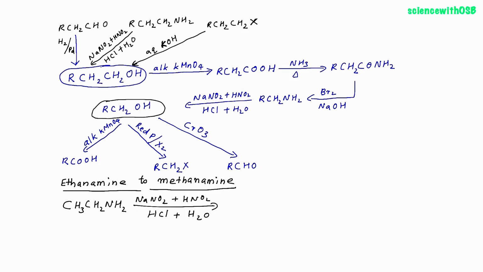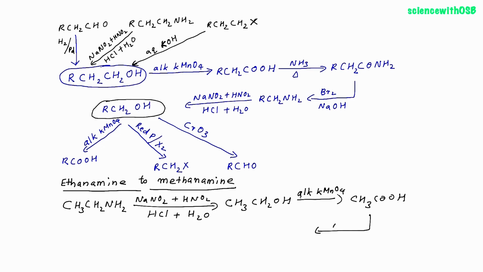So you will be getting the corresponding alcohol with 2 carbons, CH3CH2OH. Now what you have to do? You have to add alkaline KMnO4, right? Okay, alkaline KMnO4, strong oxidizing agent. You will be getting what? Corresponding carboxylic acid with 2 carbon.